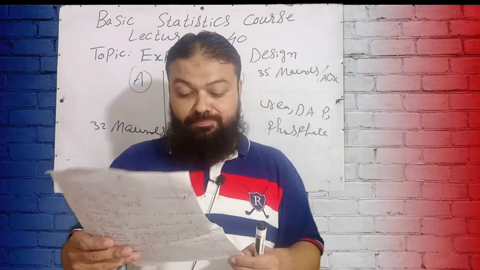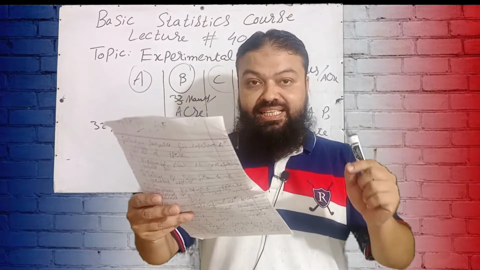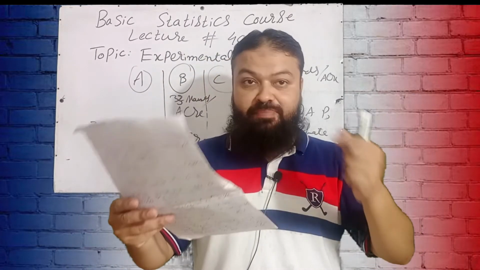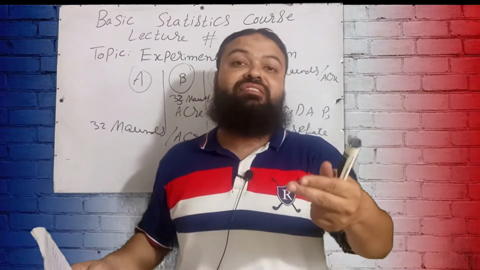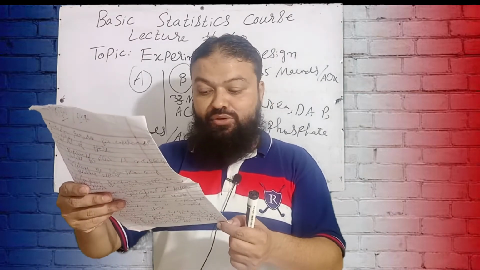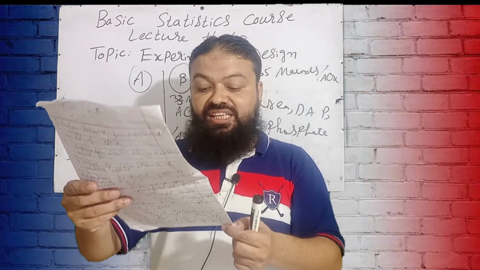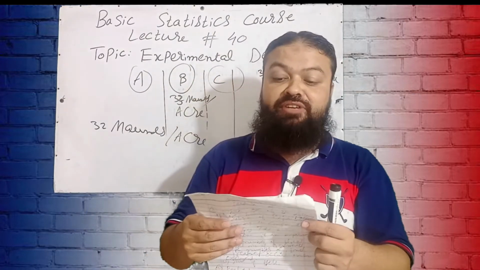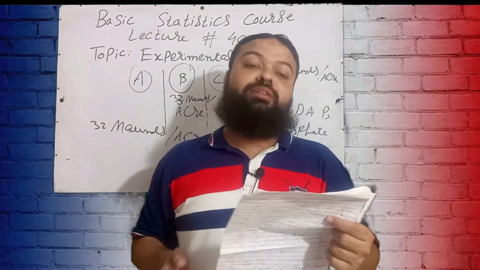Question number 4, the factors responsible for deciding the number of replications in an experiment. It means how many times you will apply the treatments. A is desire of the experimenter, incorrect. B, shape of the experimental units, incorrect. C, minimum degrees of freedom required for the experimental error. That is the correct one.